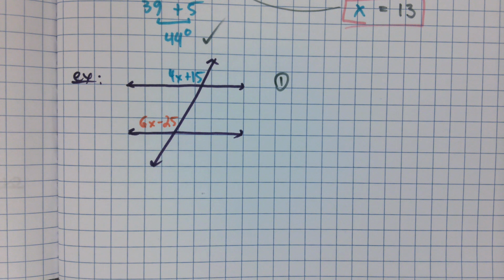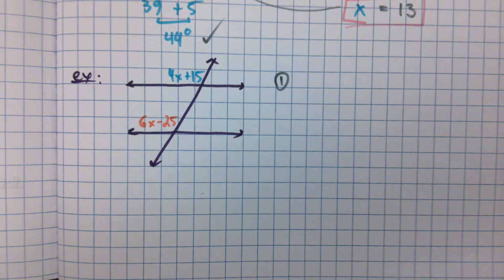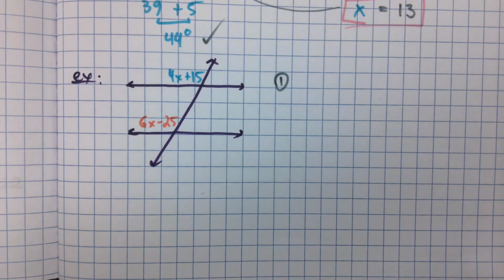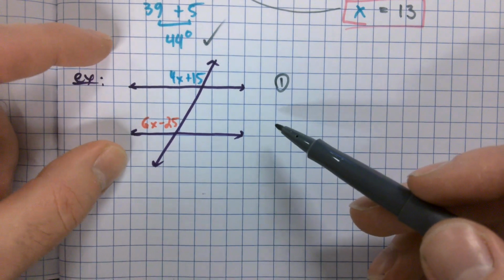Yes, 6x minus 25 in red, 4x plus 15 in blue. What do we do in step number 1? Find the relationship. What relationship do you see here with these two angles? Let's run through it. Are they interior or exterior?